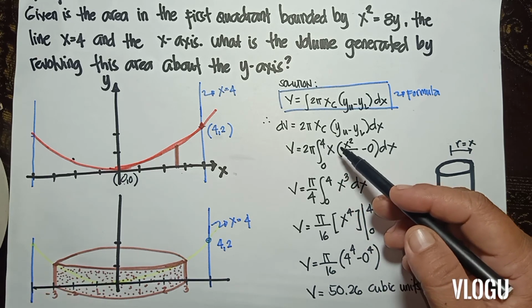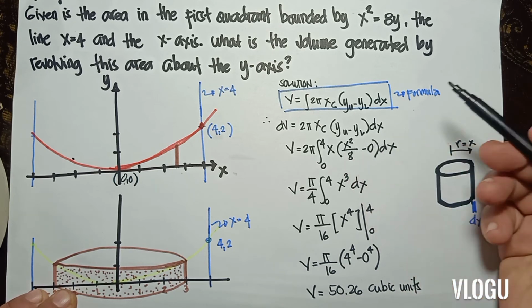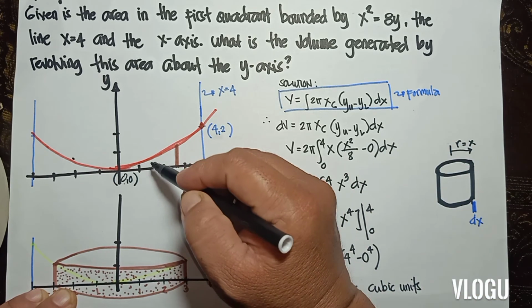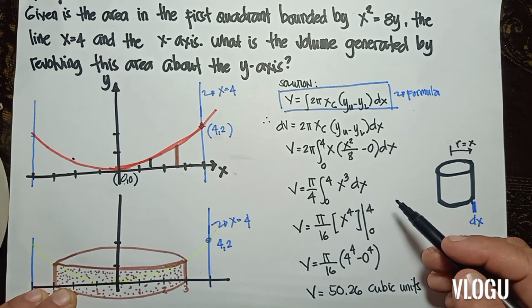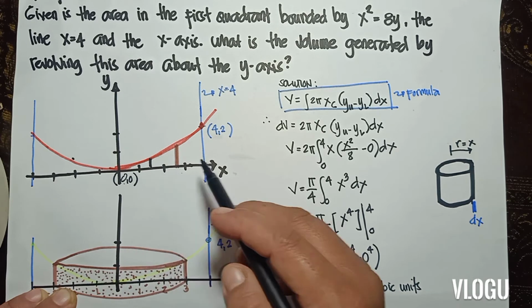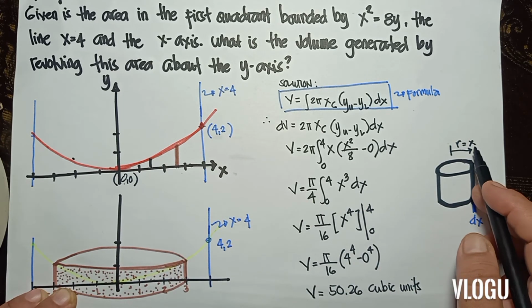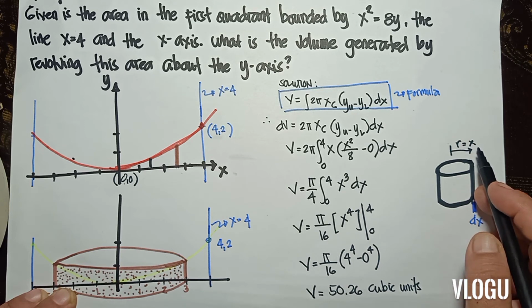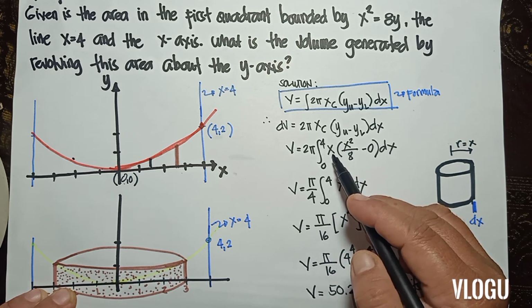Okay, what is the radius of your cylindrical form? At any vertical strip, you can form a cylinder. So what is the equivalent of your radius? Equivalent to x. So that's the reason your radius here is x.